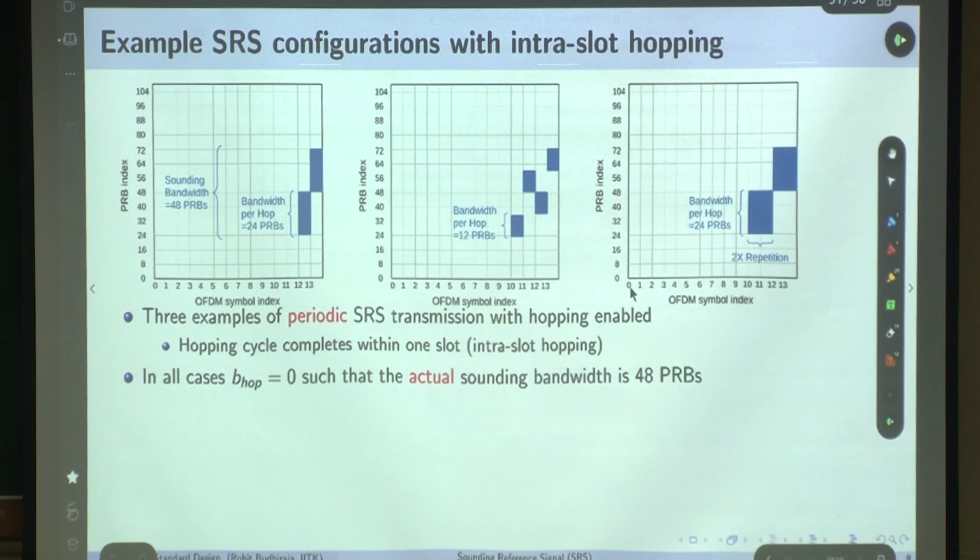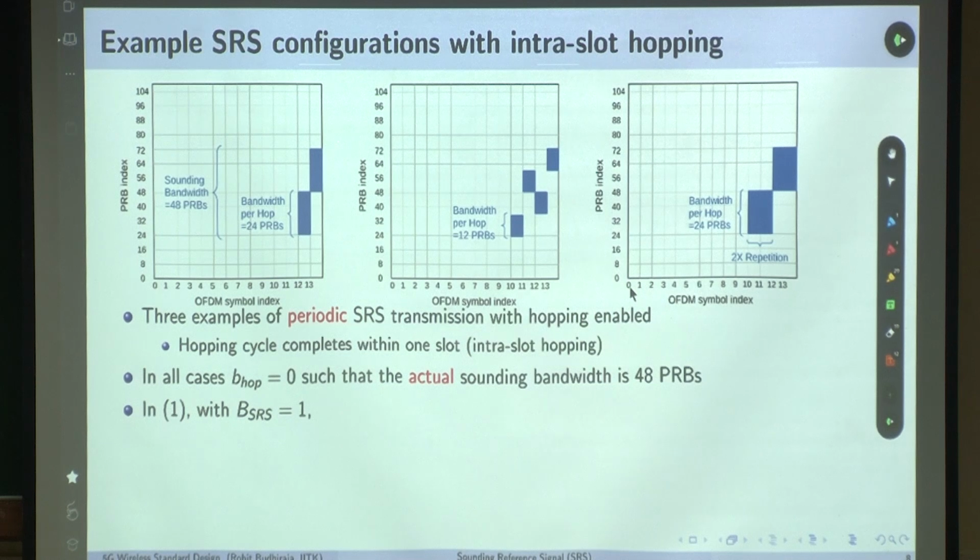You see in all cases B hop is 0, such that the actual sounding bandwidth is 48 PRBs. So in all these cases, I've said that B hop is set to 0, so the bandwidth which needs to be sounded out is 48, right.